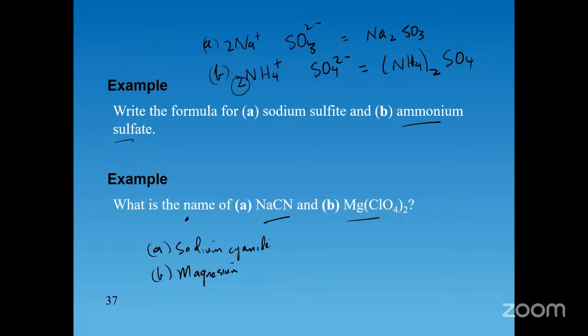So just magnesium would be the first part. What about the second part? Is it perchlorate? Perchlorate. And that's it. All right? Okay, any questions about this one? Any questions?